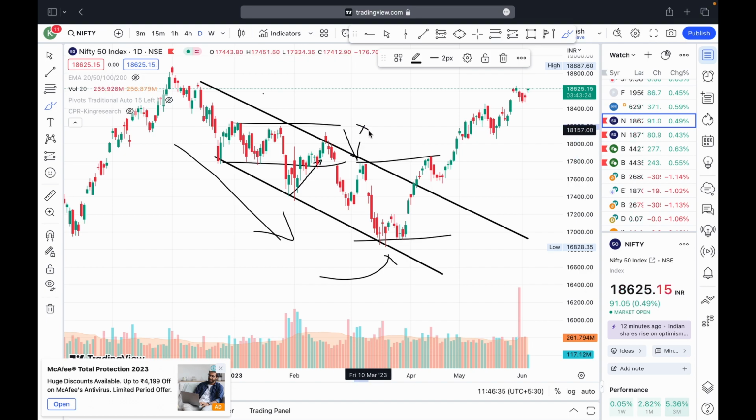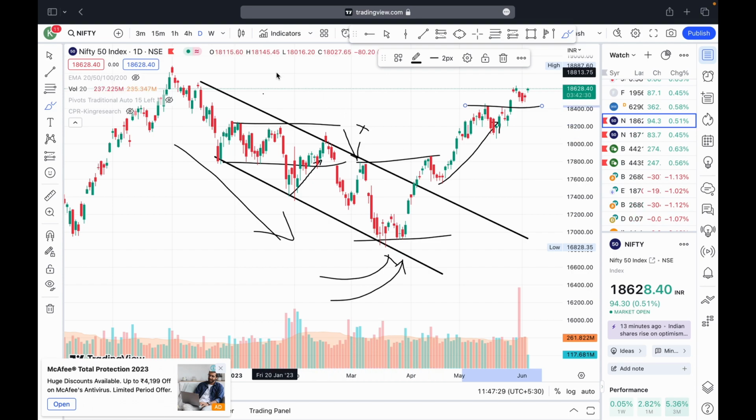There are much fewer sellers available in the market to push the prices downward, and there are many more buyers available in the market to push the market upward. As you can see, right now Nifty 50 is in an uptrend and properly taking support, even almost reached the same height when the Nifty 50 made its previous high.